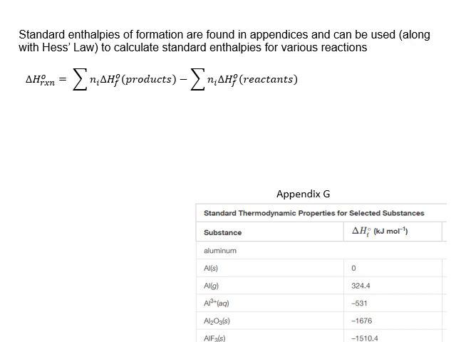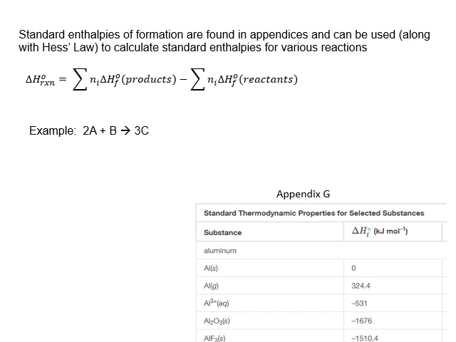We use tables of standard enthalpies of formation and a principle called Hess's law to calculate the enthalpy changes for other reactions. The standard enthalpy change for a chemical reaction is given by the sum of the standard enthalpies of formation of all the products multiplied by the coefficients in the balanced chemical equation minus the sum of the standard enthalpies of formation of the reactants, also multiplied by their coefficients.